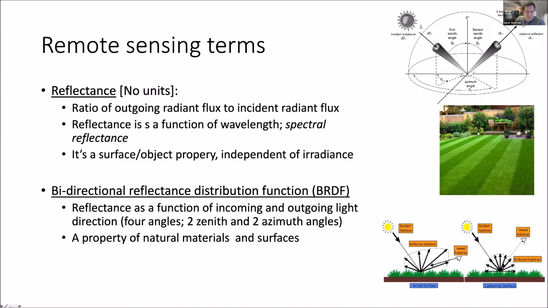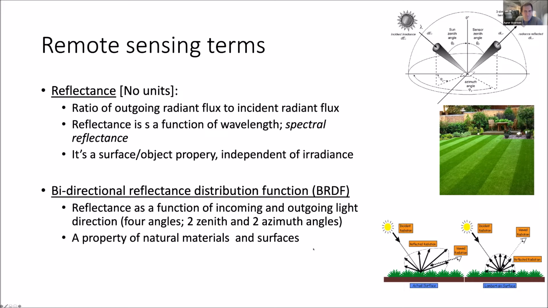So this function has spectral properties, but if we consider reflectance only, this has 4 parameters. So there are 2 zenith and 2 azimuth angles, meaning that you have all possible positions of your sensor and all possible positions of your light source. So this is a 3D function, and also a property of natural materials and surfaces.